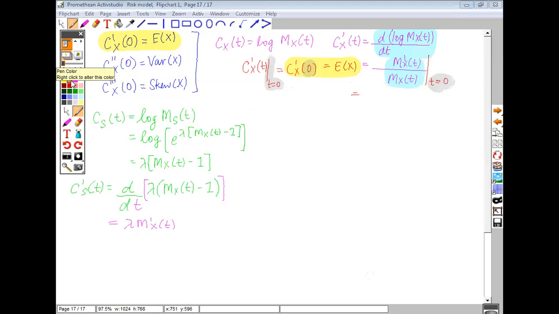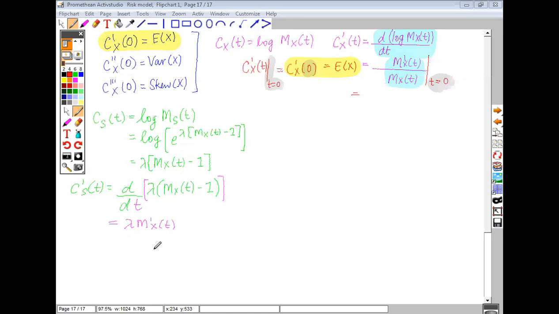Does this make sense to everyone now? Any doubts? So again, remember our end goal is to figure out the skewness for our S guy, but we tried to do that and got stuck with M prime of xt, right?